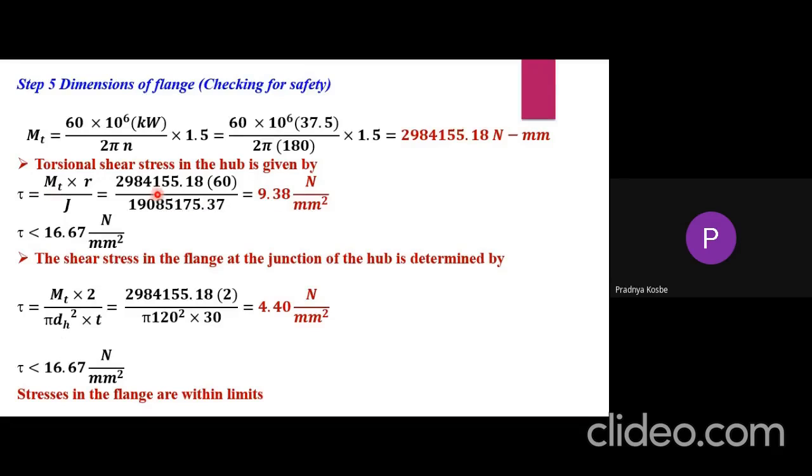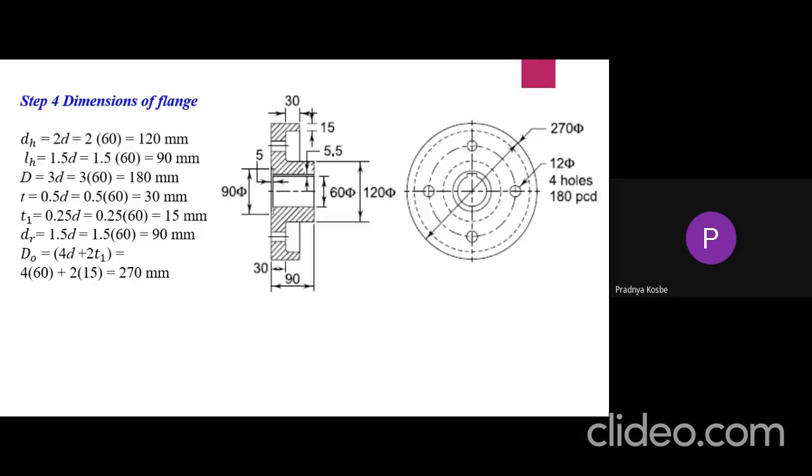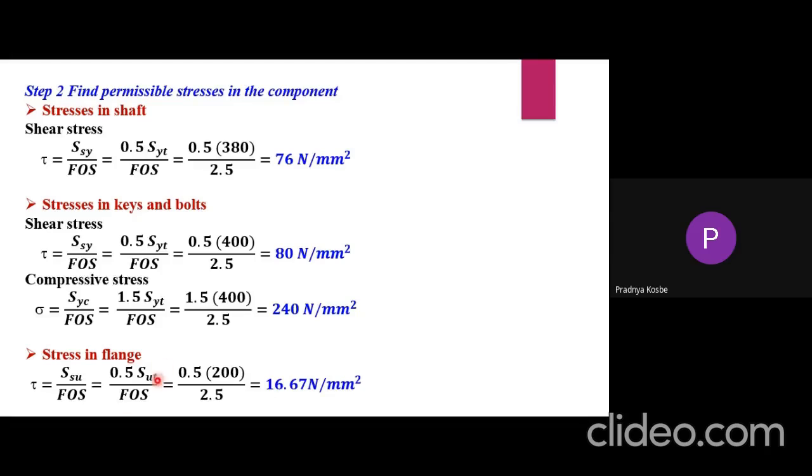Put the value of MT, and the radius of the hub is 120 by 2, so it is 60 mm, and we got the developed stress as 9.38 Newton per mm square. Now what is the permissible value? Already we have calculated the stresses in a flange. The permissible value of stress in a flange is 16.67 Newton per mm square.